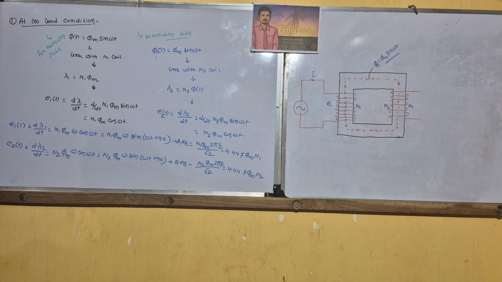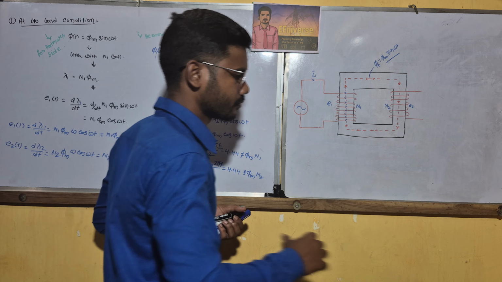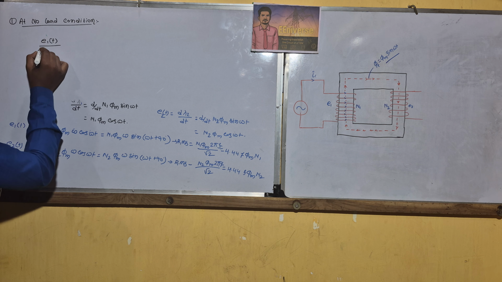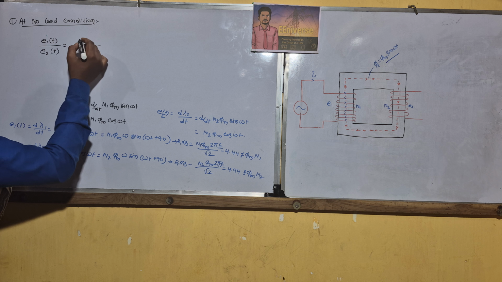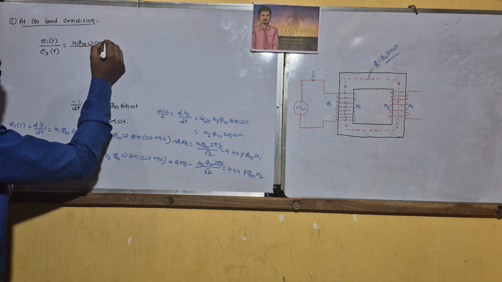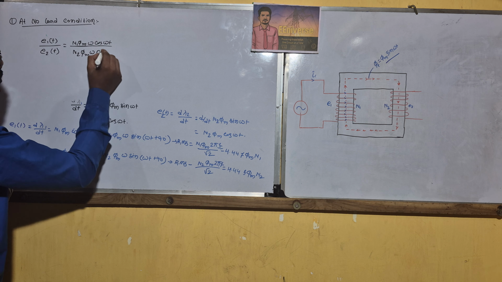So now we can write, E1(t) by E2(t) equals N1 phi m omega cos omega t by N2 phi m omega cos omega t.